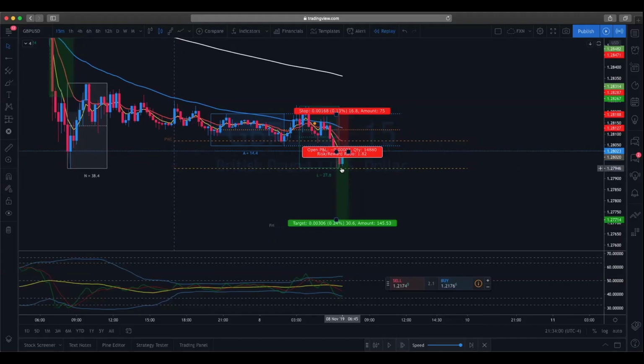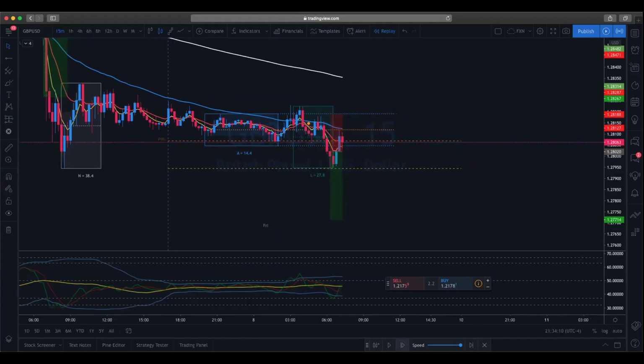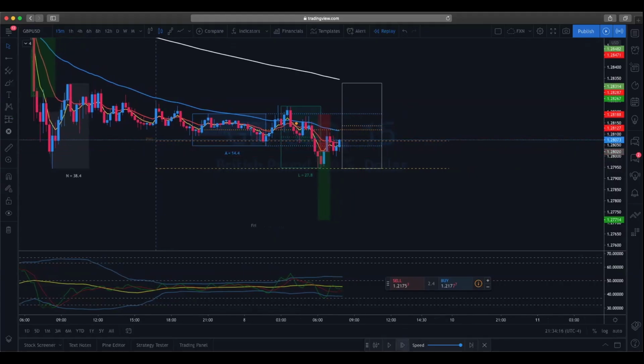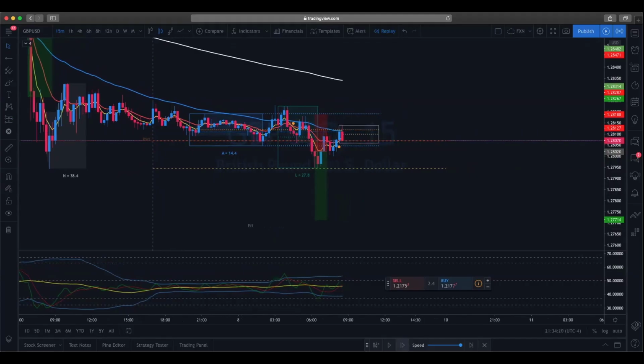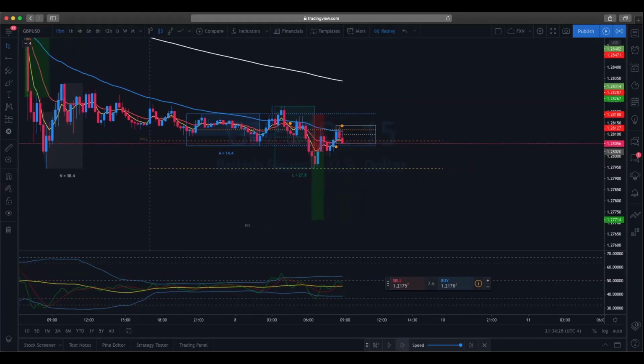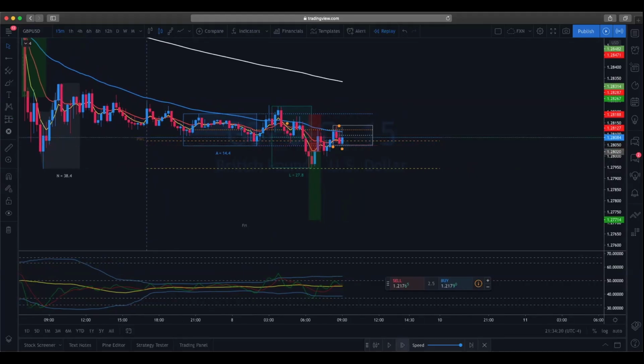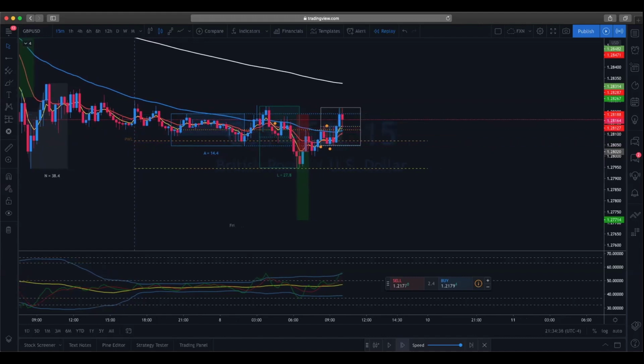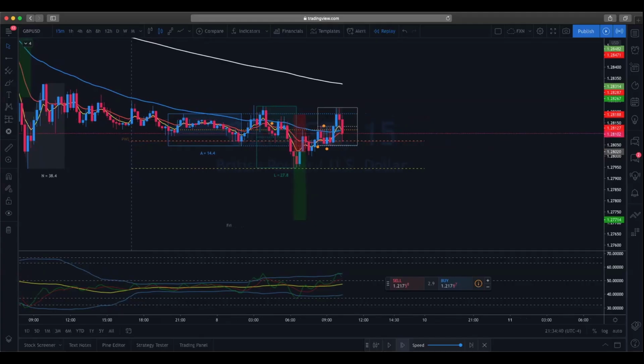So look at what's going down to yesterday's low. So did it take out that high?